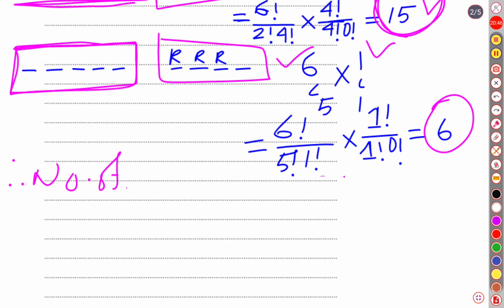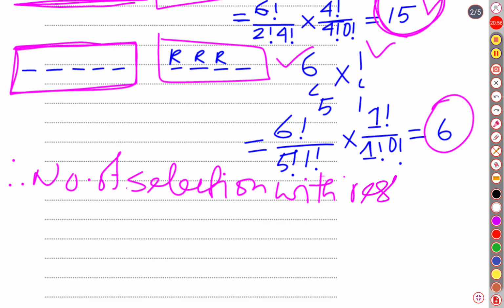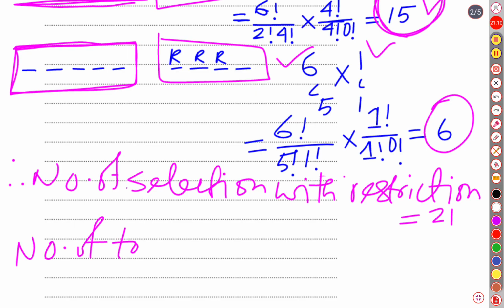Number of selections with restriction, because here there was some restriction to be followed. The number of selections with restriction is 21. And the number of total selections is very simple: the total number of letters.